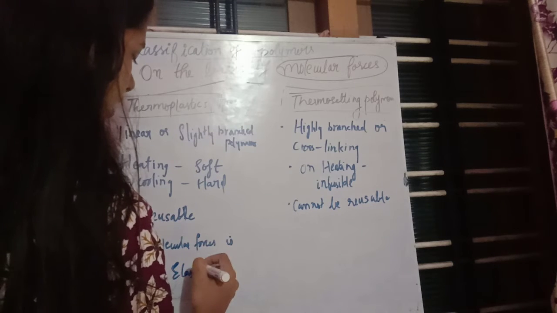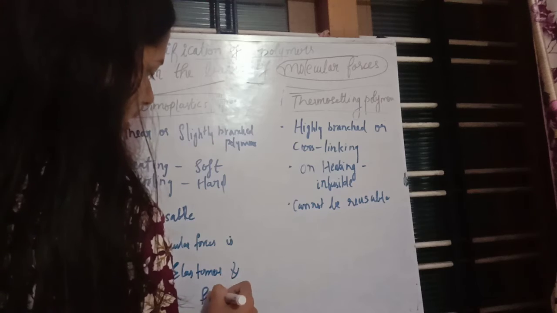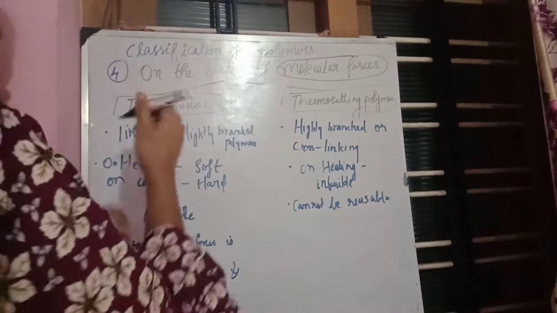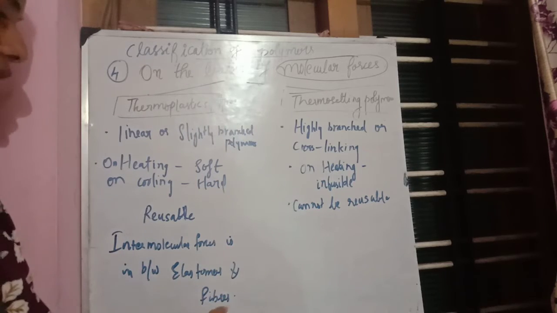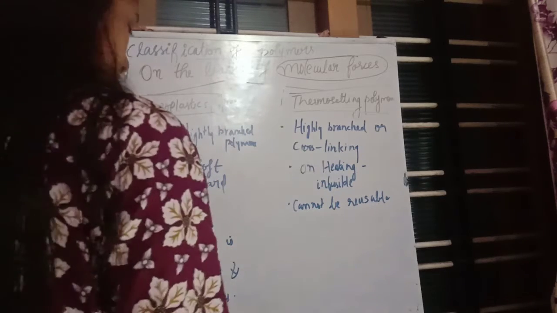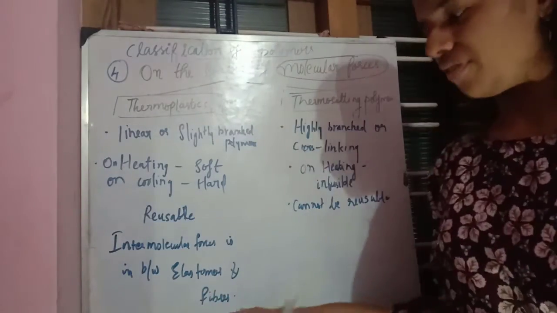We have already learned about elastomers and fibers. So the intermolecular forces present in thermoplastic polymers are in between; they are not as elastic as elastomers or as tough as fibers.